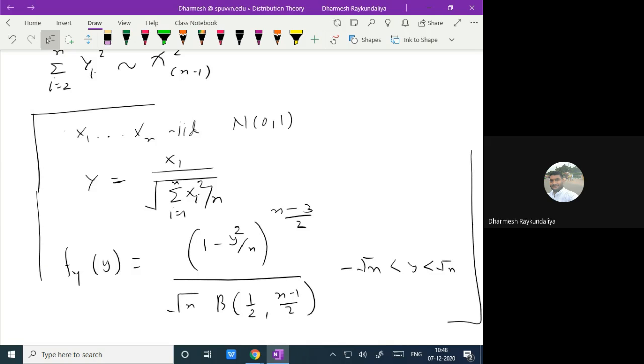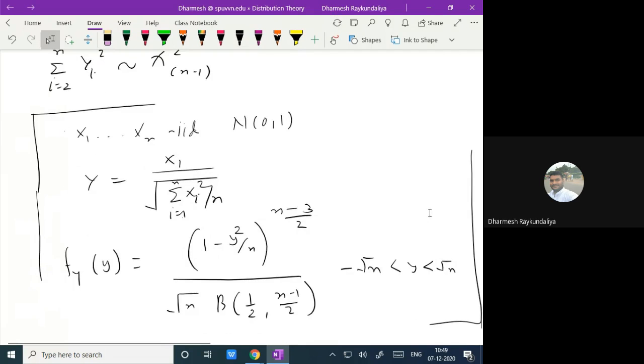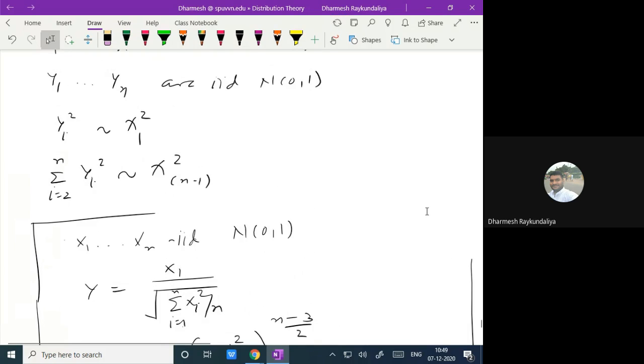So this we have already obtained in the previous examples. Here X1 is in the numerator as well as in the denominator, the complete summation of Xi squared. Therefore, by using the transformation technique, we obtain this density of Y. It is not purely a t. So you can just compare this form with this.